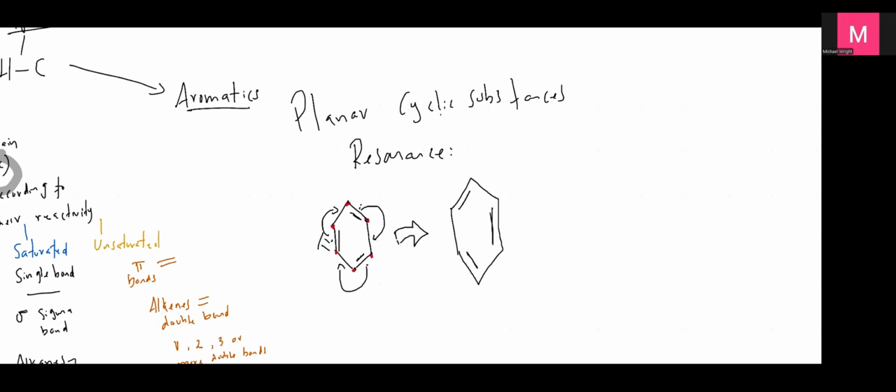And then the result will be the resonance. The resonance indicates that these bonds will be spinning constantly. And that's why we write a circle to represent the molecule that is called benzene.